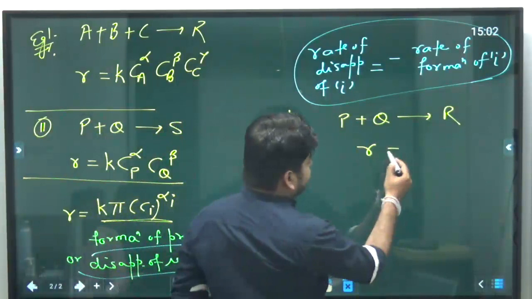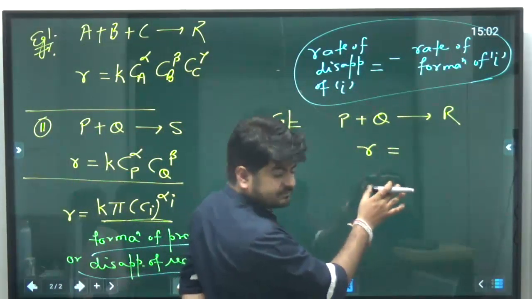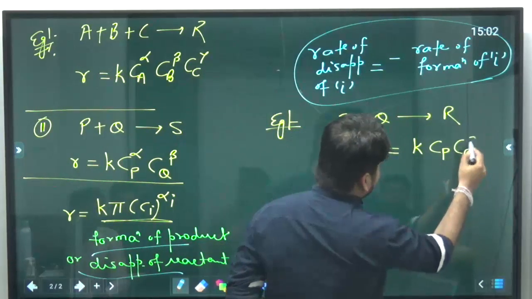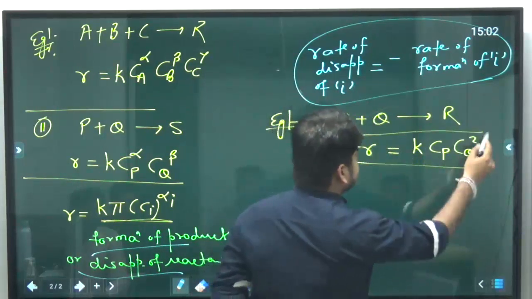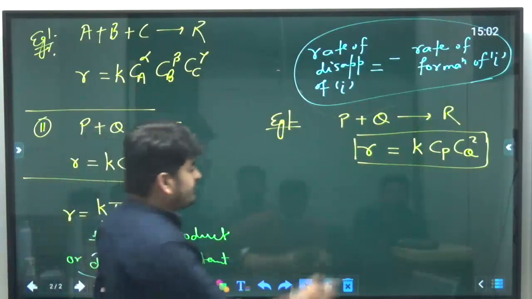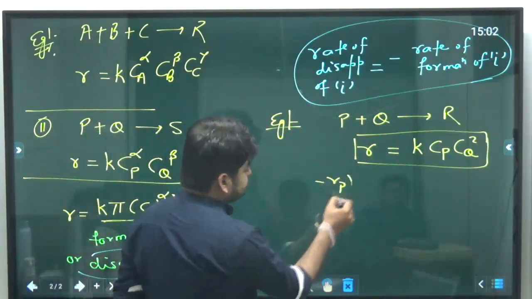Suppose I am saying that rate of reaction is K Cp Cq square. This is rate of reaction. So what will be the minus Rp?